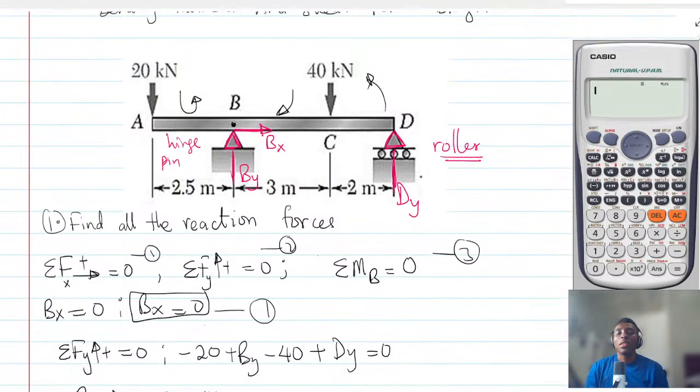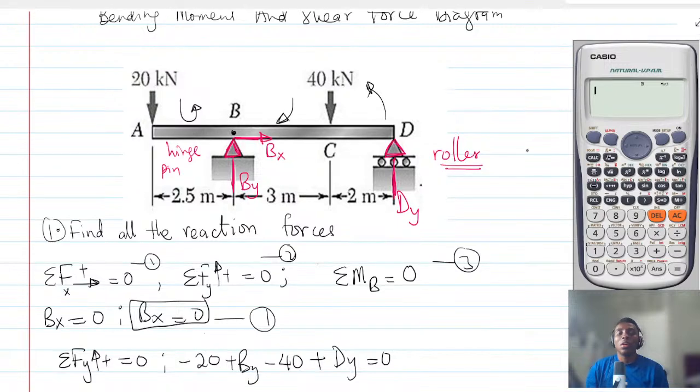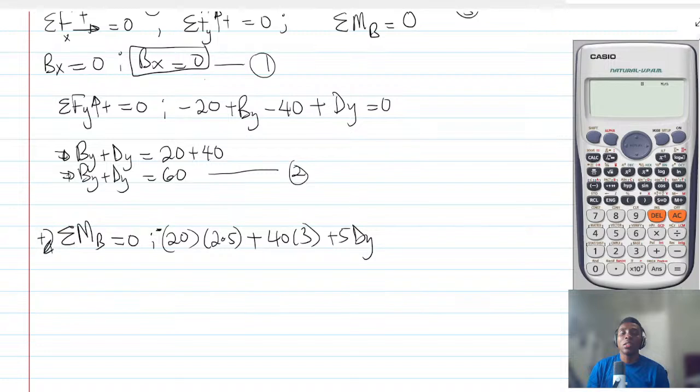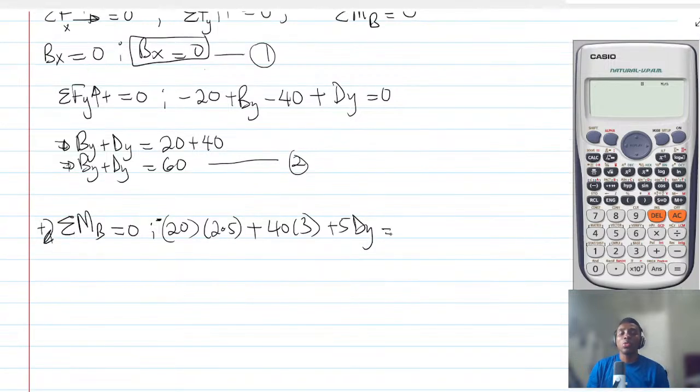Okay. I think it's actually counterclockwise about point B. So that is it. So this should be equal to 0. And then if you solve for this one, what are you going to get? So basically 5 dy is equal to everything which is here, and just negate it, right?